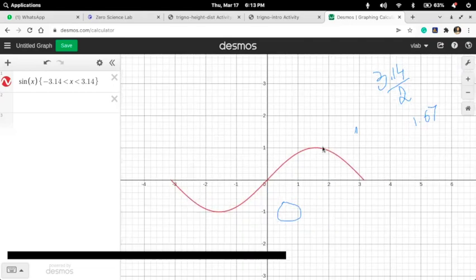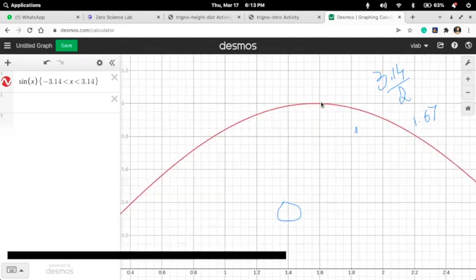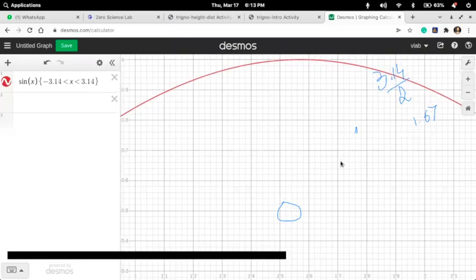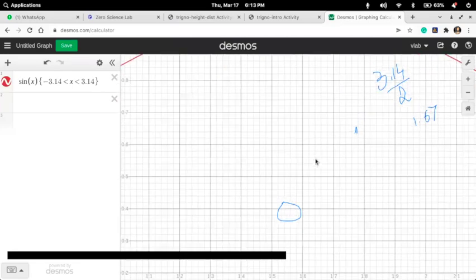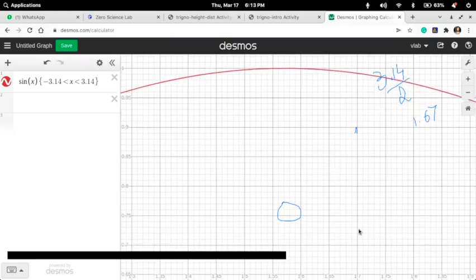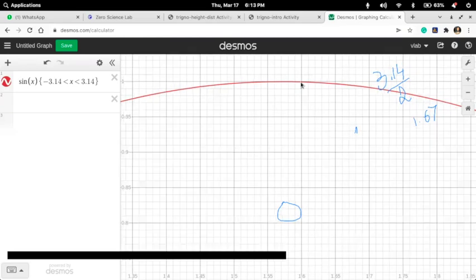So this is almost 1, right? Yes, sir. This is the maximum value, 1.6. If I still zoom in, what is the value? You can see, right? 1.6.